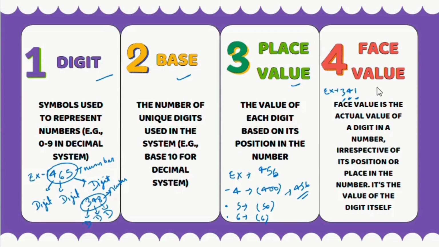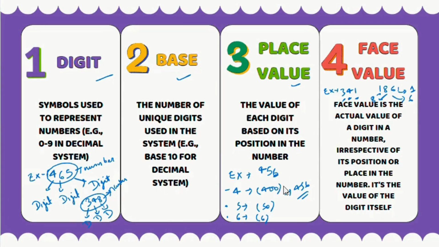Let's take another example, 1861. The face value of 6 is 6. The face value of 8 is 8. The face value of 1 is 1. The face value of this one is also 1. So it's just the actual value of a digit in a number, irrespective of its position.